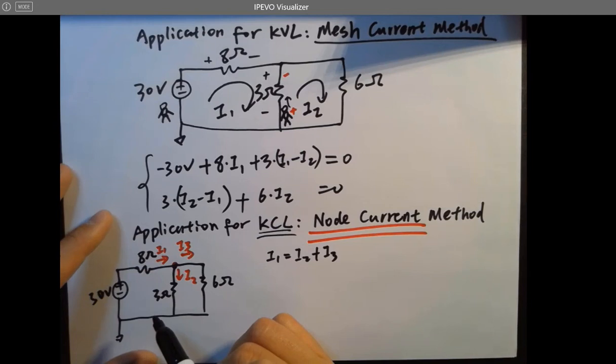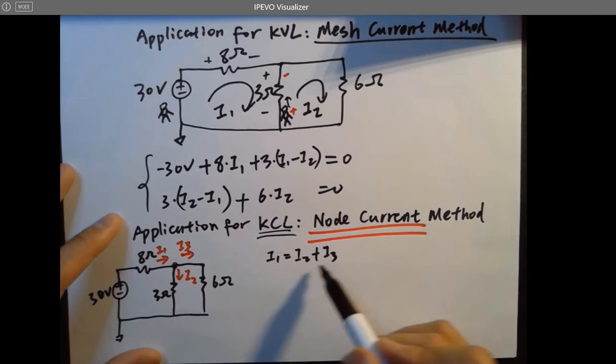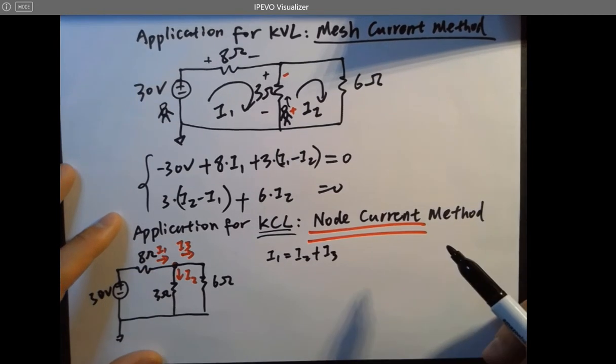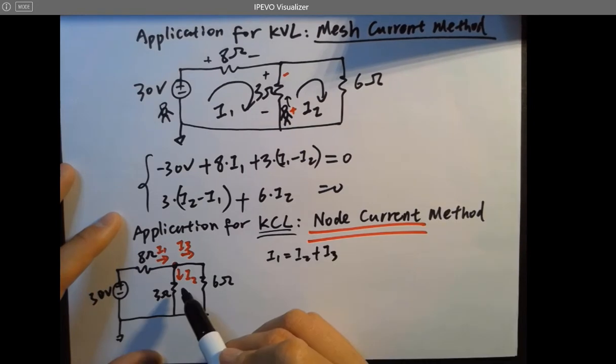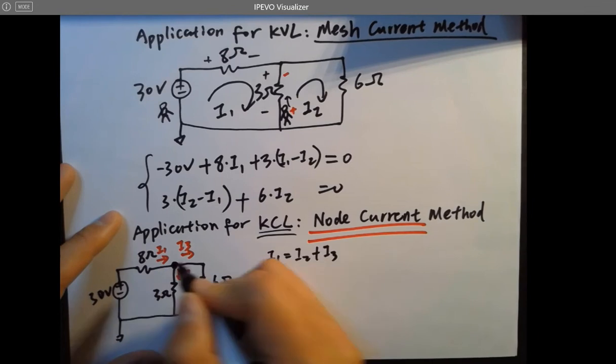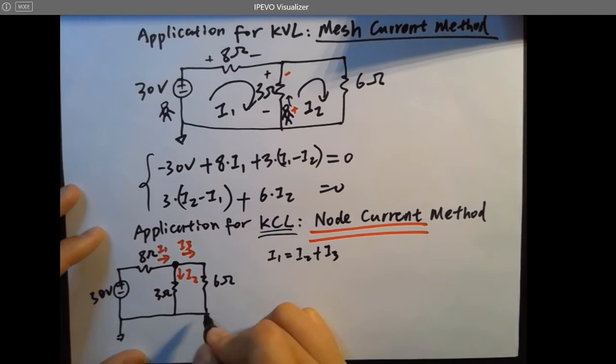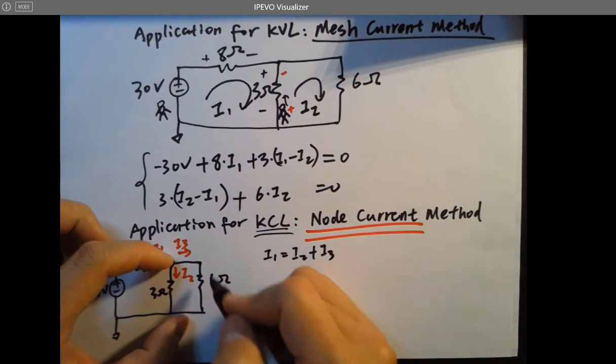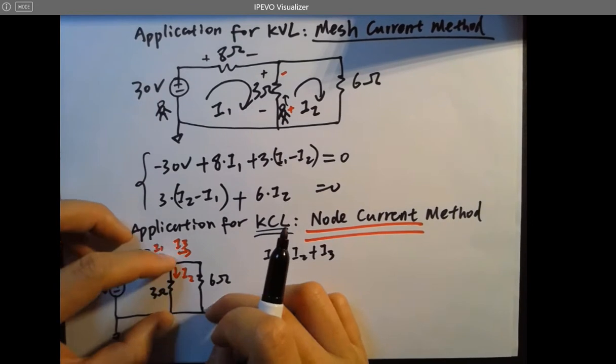Now here's the first equation. What about the second equation? Because this point and the ground have the same voltage difference across these 2 branches, these 2 resistors are in parallel, right?